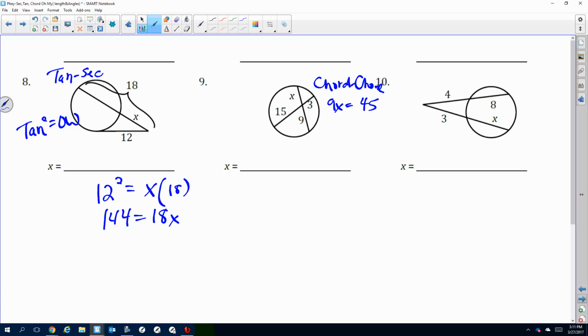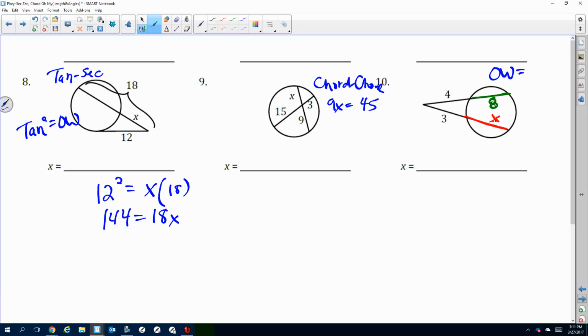All right, guys, I just want you to make sure you read this correctly. The 8, guys, this is the 8. The chord part is your 8 here, and the x is the internal part of the secant. This should be secant.